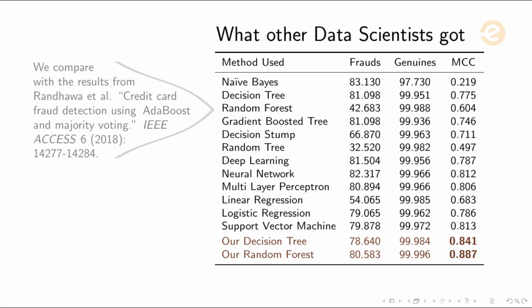So only one more is above 80%, that is a multi-layer perceptron, which is also a kind of neural network, with 81.3%. And we got 84.1%, that is almost 3% better than the best of these 12, and our random forest even goes another 4% better, 88.7%.